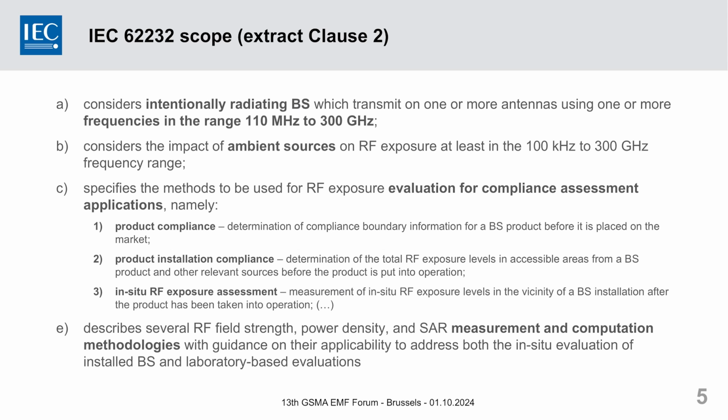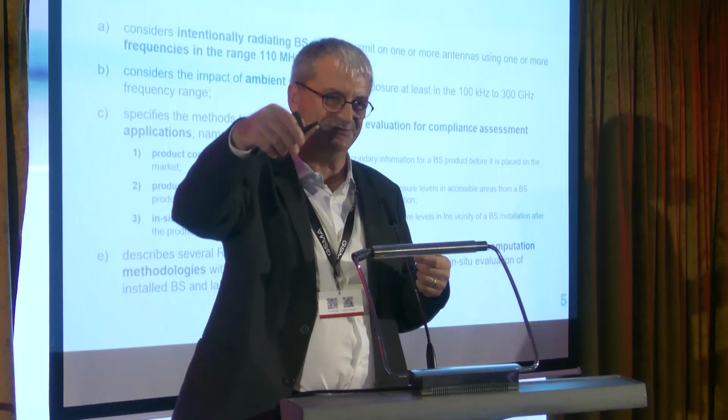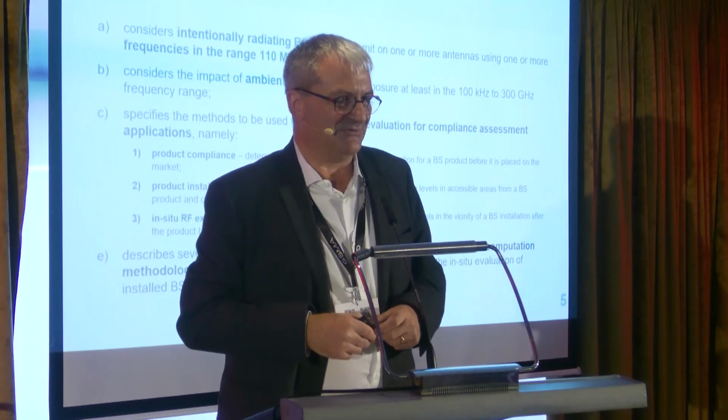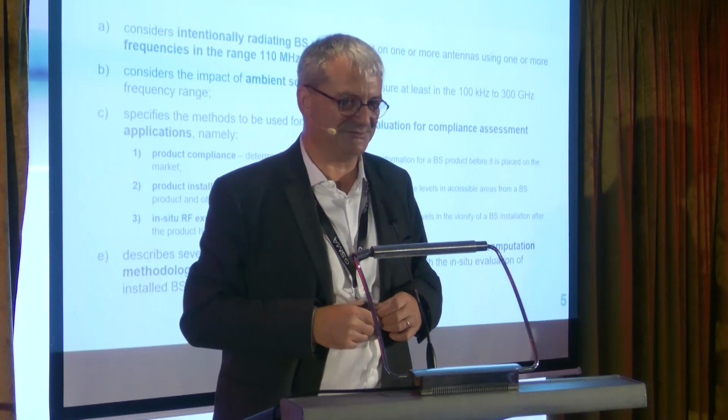It's starting at 100 kHz. What we specify, we split the approach in 3 main domains. We specify methods for product compliance. Product compliance means when you put a base station on the market, you need to get the CE marking for Europe or FCC or RSS or whatever in the country of deployment.